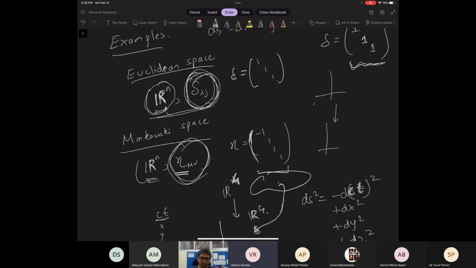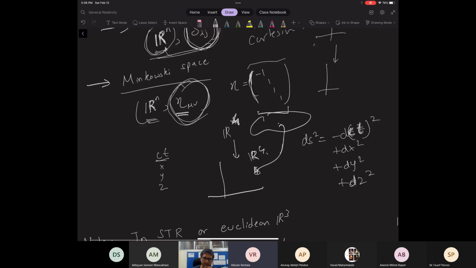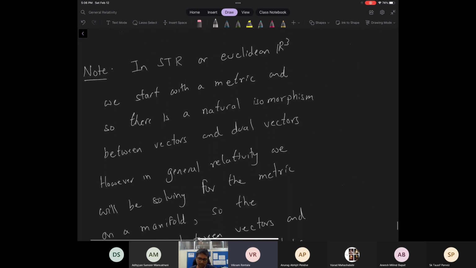In some basis you've expressed it as eta mu nu, and that basis is called your Cartesian basis. This is the analog of the Minkowski Cartesian basis. So this is what we mean by Euclidean space, and this is what we mean by Minkowski space.